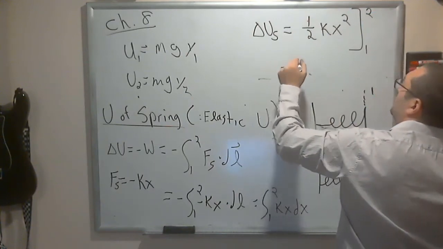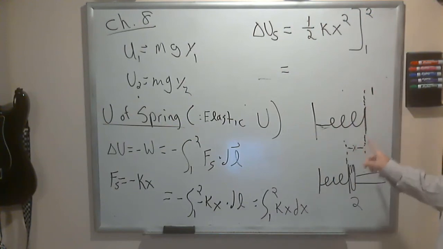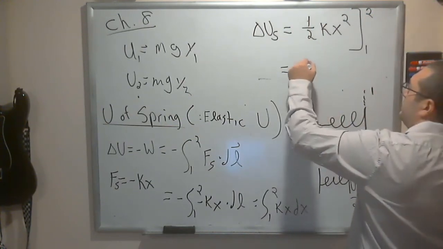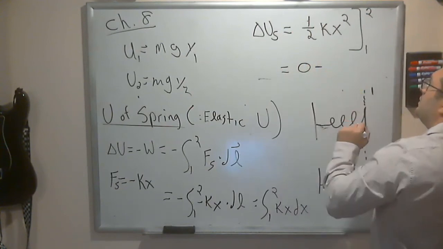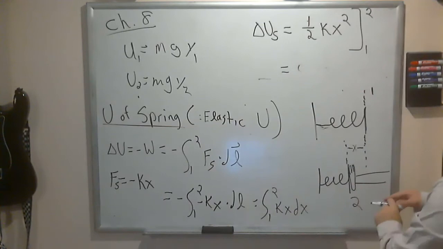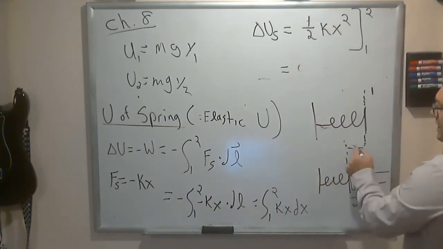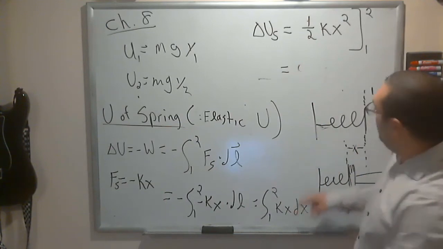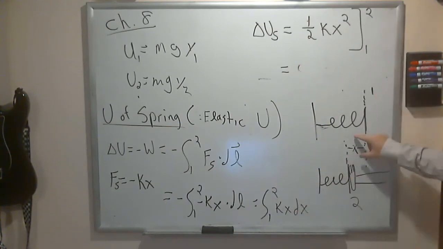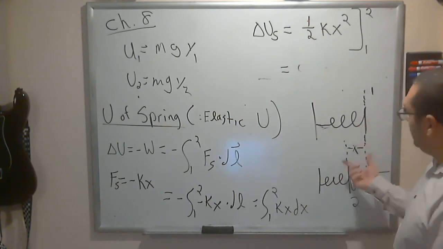So at position 1, there's no force, so it's 0. At position 2, we're calling that x. The x over here is a variable, and then we just call this distance x, just as a very general distance.